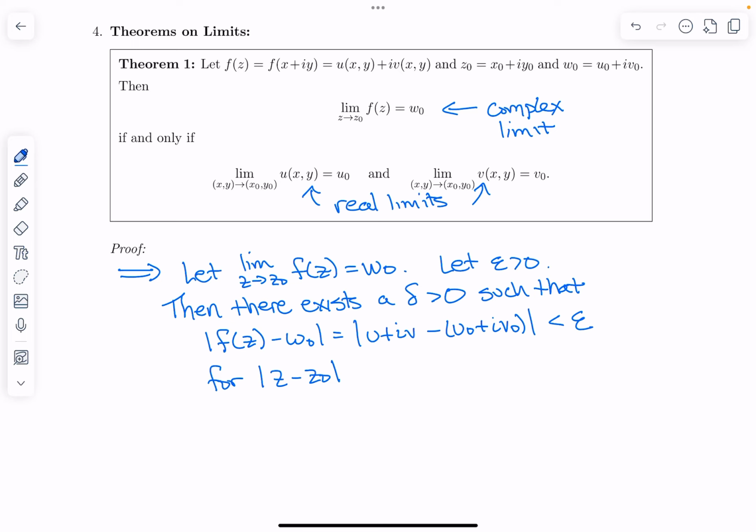Okay, so the modulus, or the distance between z and z0, which can be written as x plus iy minus x0 plus iy0, less than delta. So essentially this is saying that if z is close enough to z0 and the limit exists, then f of z is close to w0.